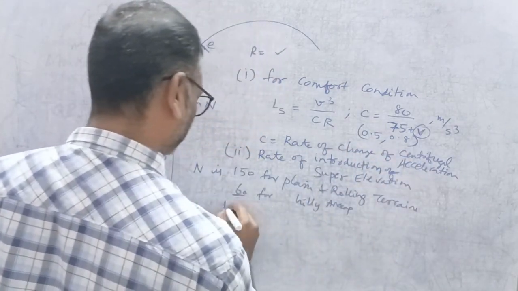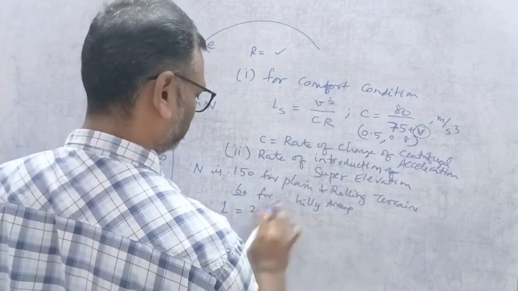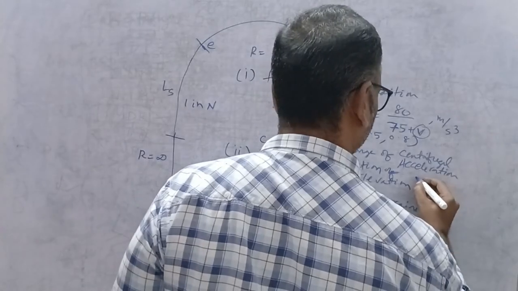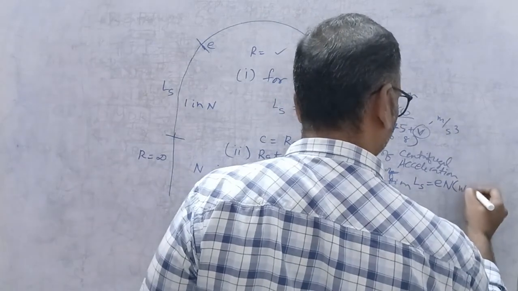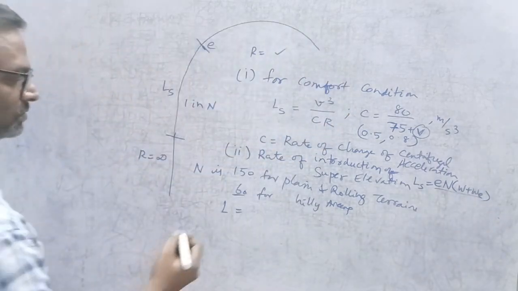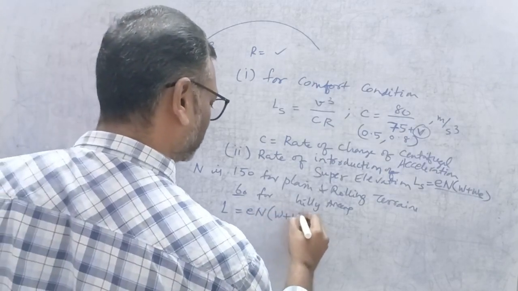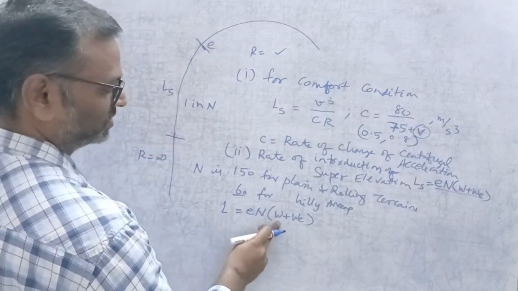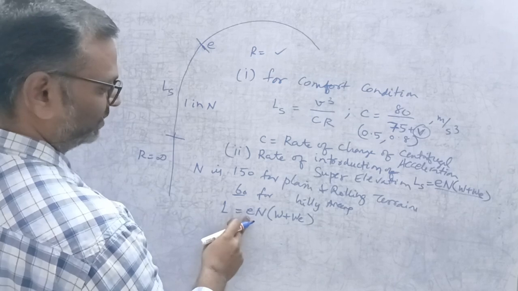And this L, if you take the rate of introduction of superelevation into consideration, is E n into (W + WE). Here WE is the extra widening, W is the width of the road, n we have seen here, and E is the rate of superelevation.